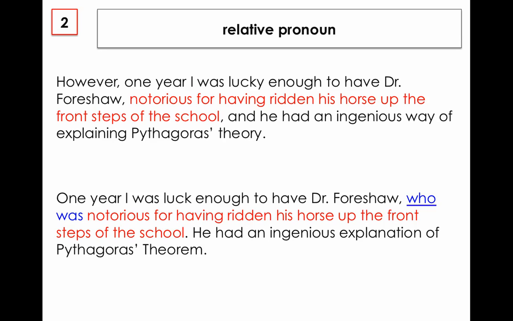What words have been taken away? Well, the word who is a relative pronoun, and that's been taken away with that phrase. If you take who away, you'll feel that you've got to take was away as well. Another change. In the first sentence, the teacher, Mr. Forshaw, had an ingenious way of explaining, and in the second he had an ingenious explanation.